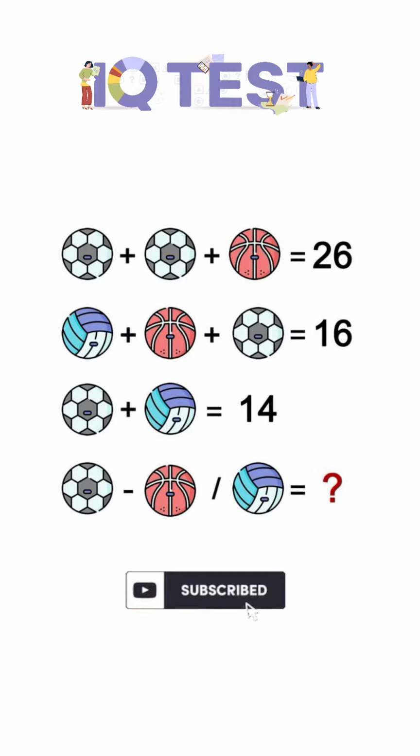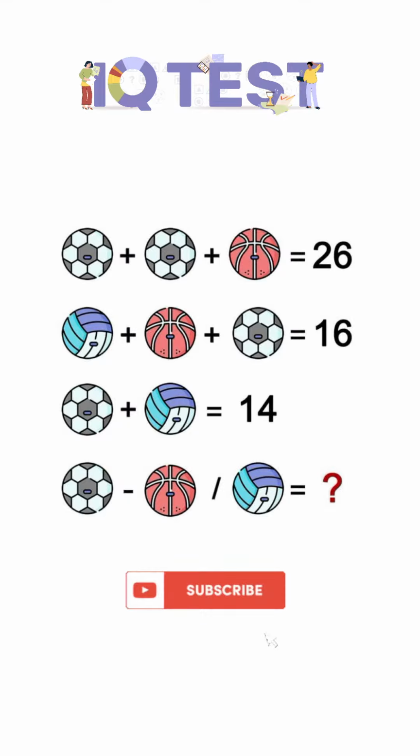So Simon, what I will do is represent the white ball with, let's say, X, represent the red ball with, let's say, Y, and then represent the multicolored ball with, let's say, Z. So that would be 2X plus Y is equal to 26.